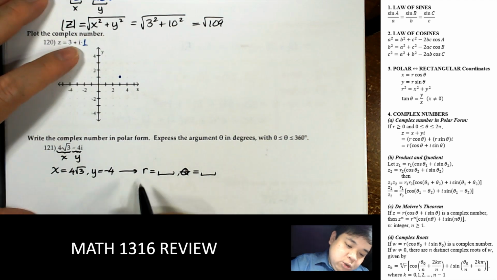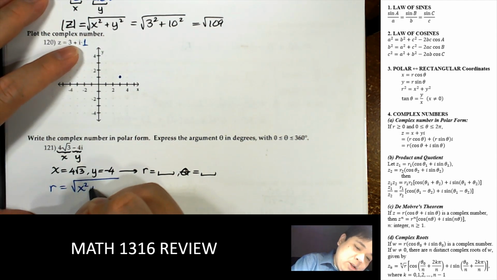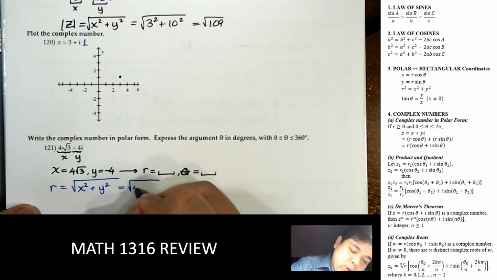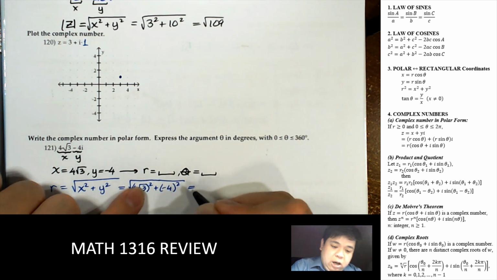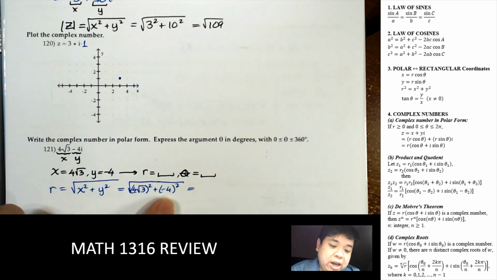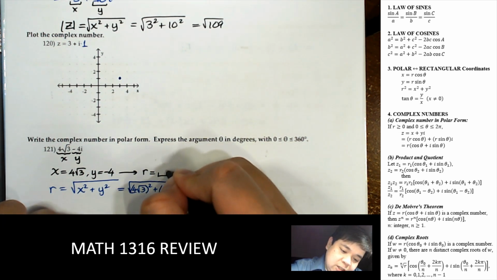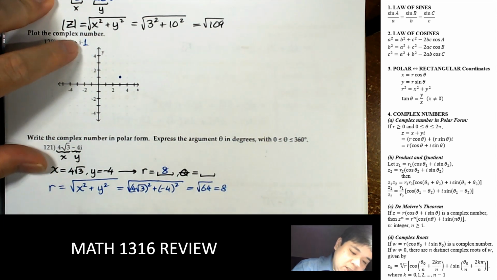Right, so first r is equal to the square root of x squared plus y squared. 4 square root of 3 squared plus negative 4 squared. 4 square root of 3 squared, that's 16 times 3, 48, plus 16, square root of 64, which is 8. And then we determine theta.